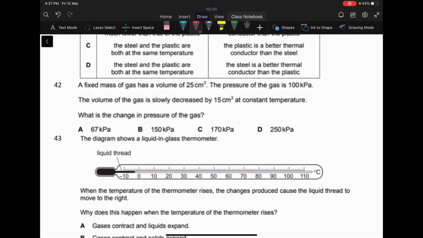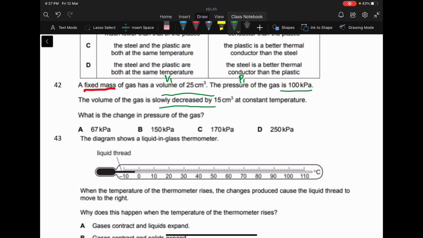Now 42. A fixed mass of gas has a volume of 25 centimeter cubic. Fixed mass again, so this is about gas law. The pressure of the gas is 100 kilopascal. So we have V1, we have P1. The volume of the gas is slowly decreased by 15 centimeter cubic.